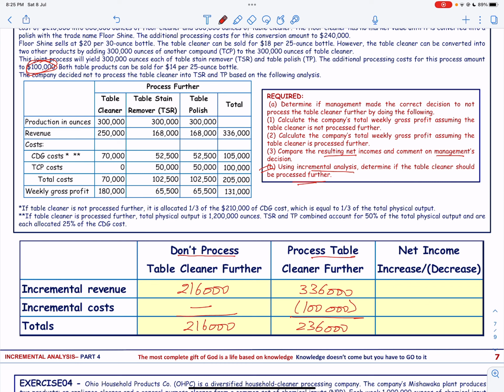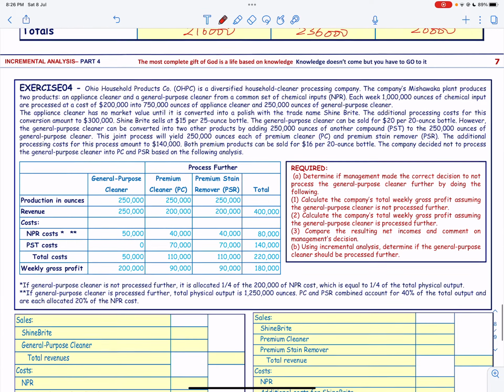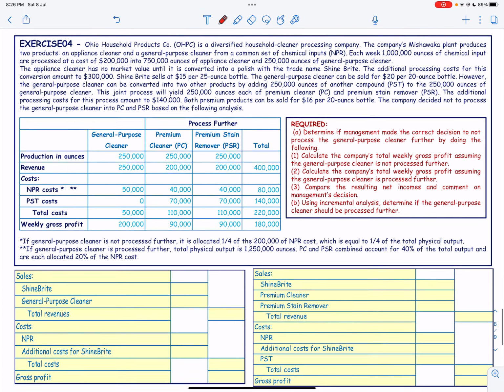So if we process further, our net income will increase by 120,000 and our cost will also increase by, the incremental cost will be 100,000, and you can see that there is a profit of 20,000.